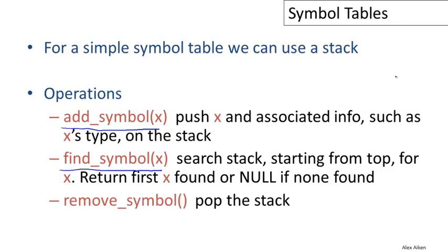So for example, if we have a stack that say has X, Y, and Z on it, and then we come into a scope that introduces a new Y, we would push Y on top, and now if we search through the stack, we would find this Y first, effectively hiding the old definition of Y. And then when we leave a scope, we can remove a symbol simply by popping the stack.